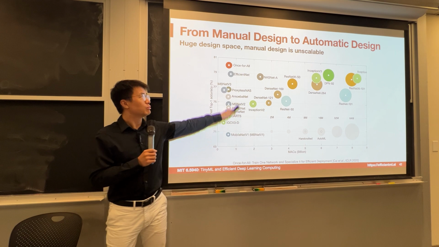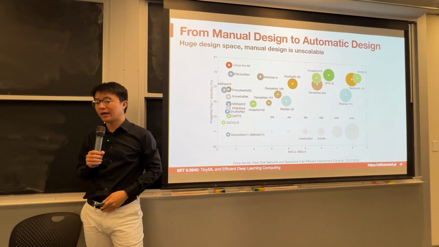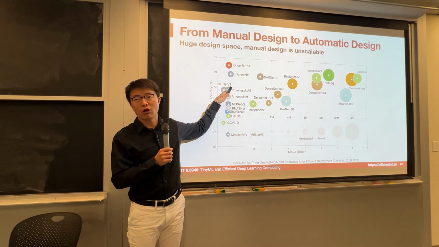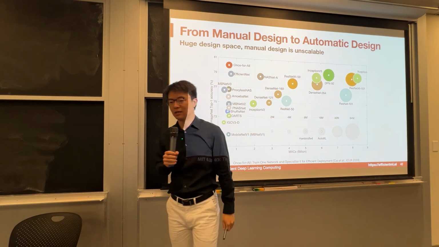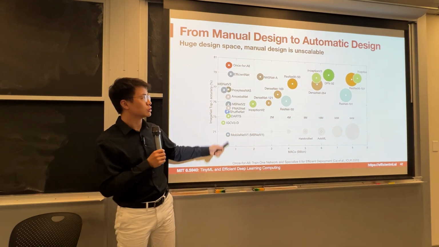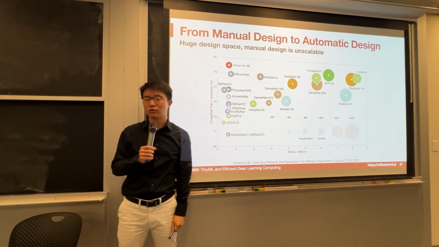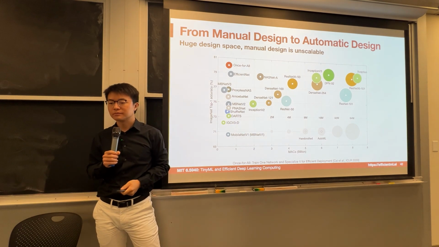So we want to ideally push the frontier to this low MAC area and also the high accuracy area. We can see by these dots with the asterisk in the middle, those are auto-designed model architectures, which clearly have an advantage over these manually designed models by having smaller compute and higher accuracy.